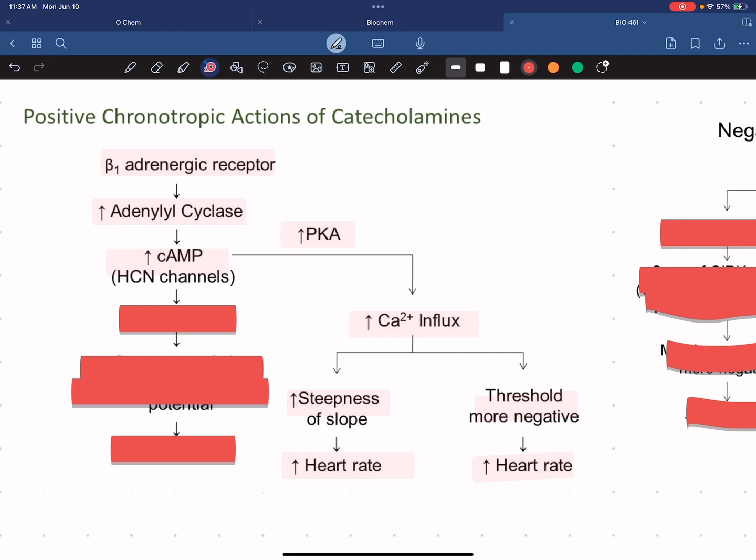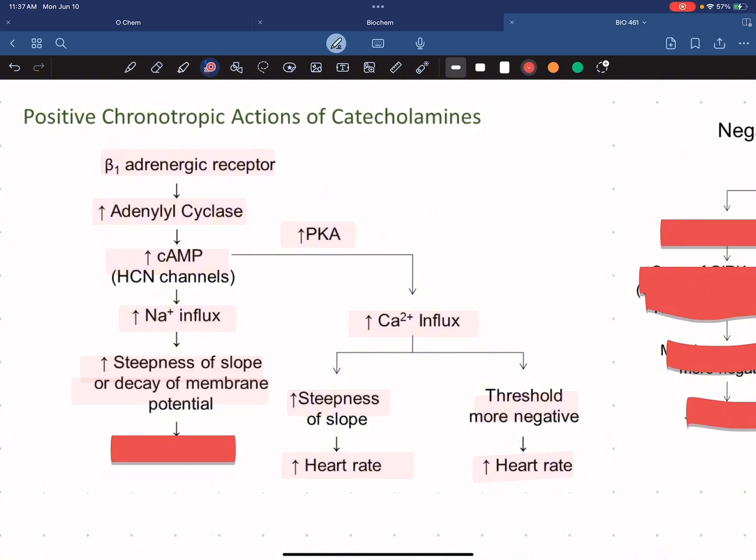If we go back up to the increase in cAMP and HCN channels, we have another pathway which will cause an increase in sodium influx. That will also cause an increase in the steepness of the slope, or the decay of the membrane potential, which will then cause an increase in heart rate as well. So each one of these pathways is a positive chronotropic action of these catecholamines, the mechanism of how they work through the heart.